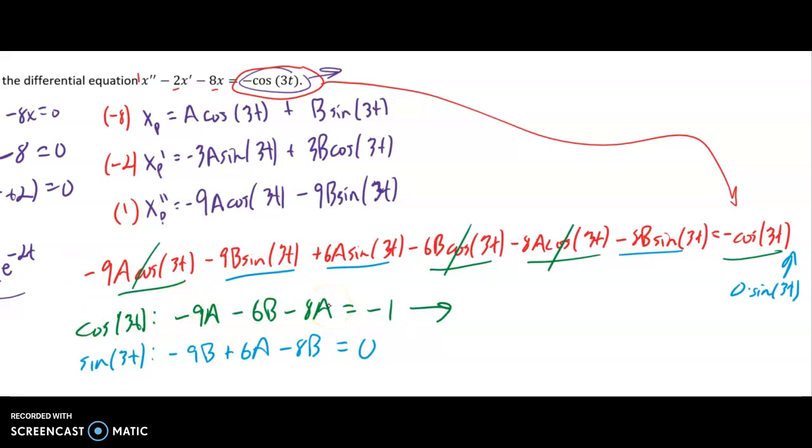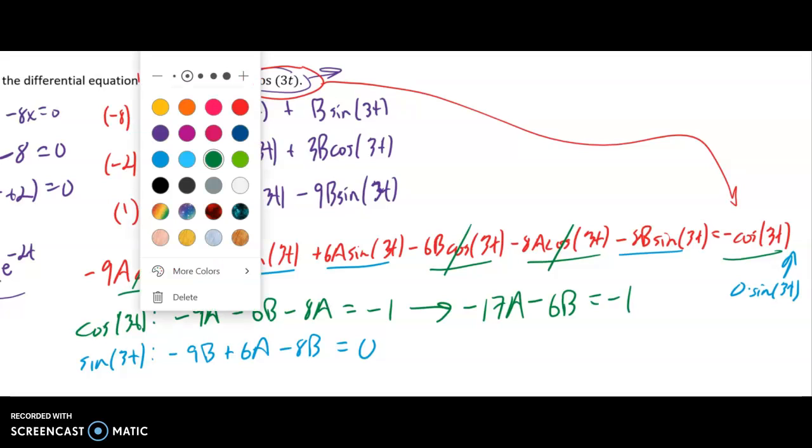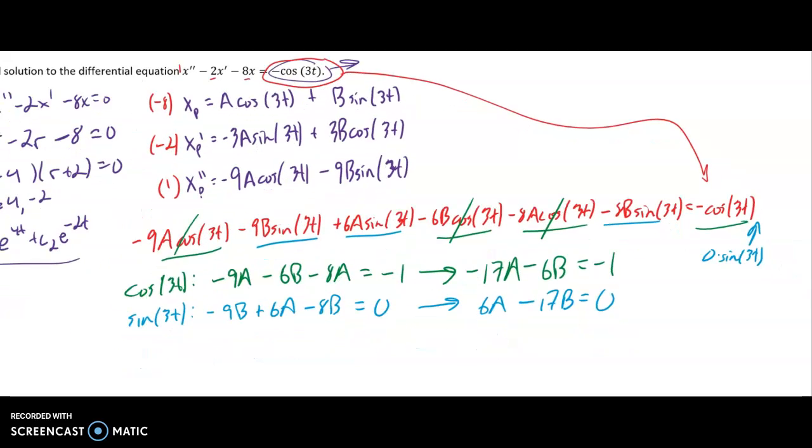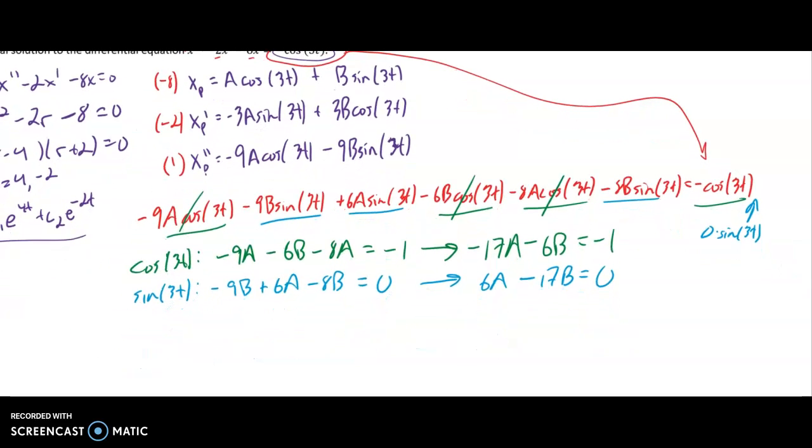So that's going to leave me with a minus 17a, and then a minus 6b is equal to -1. We could manipulate that with negatives, but I'm just going to roll with it like that because it's easy to do that and to put that into my calculator. And then this one gives me a positive 6a, and then a minus 17b is equal to 0. So that right there is what I'm going to turn into a matrix.